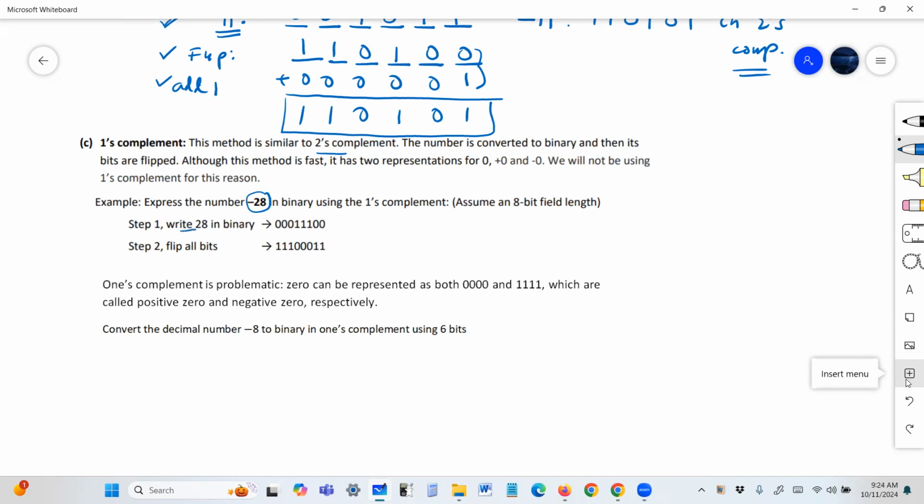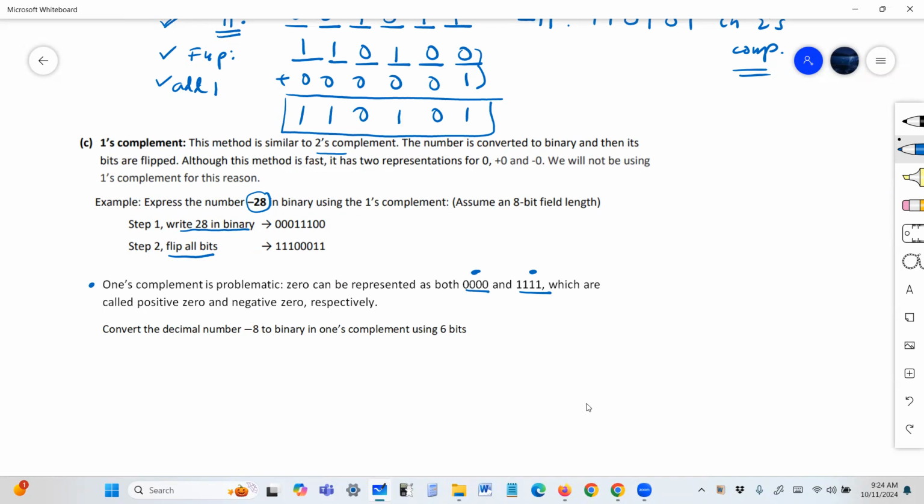We first write the number in binary, and then we flip all the bits, and that's it. We stop. So obviously, there's one big problem here: the 1's complement scenario has two representations for 0. Here's a positive 0, and here's a negative 0, which is not very ideal. So that's why we don't use it. But I'm going to show you anyway.